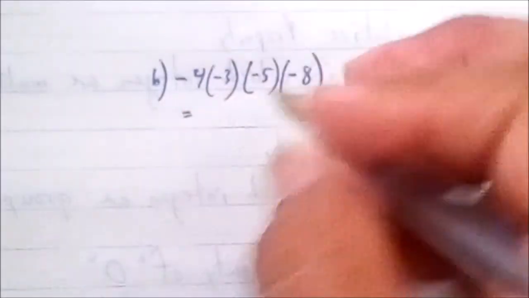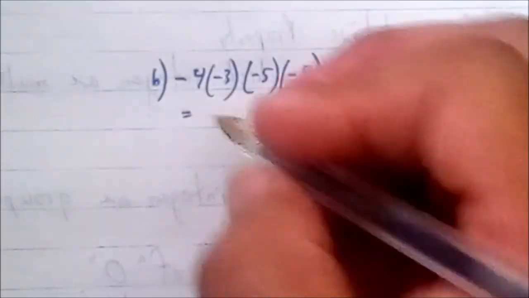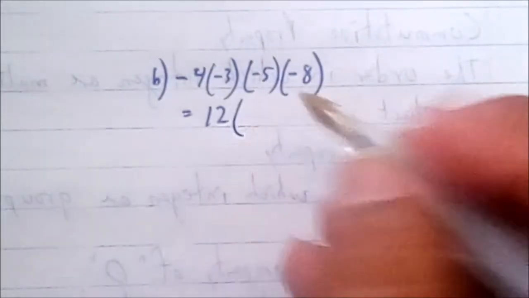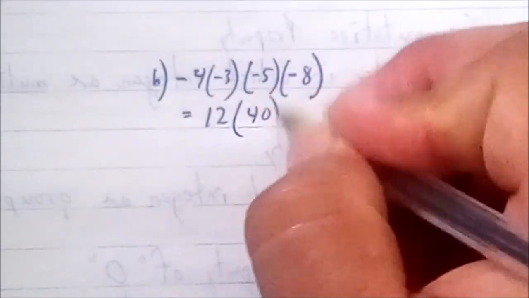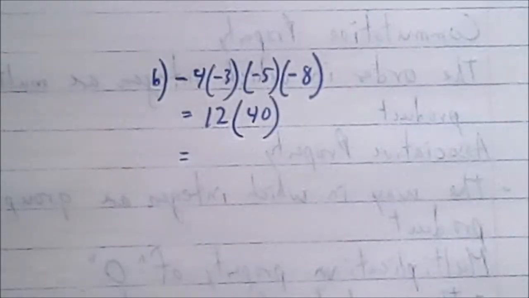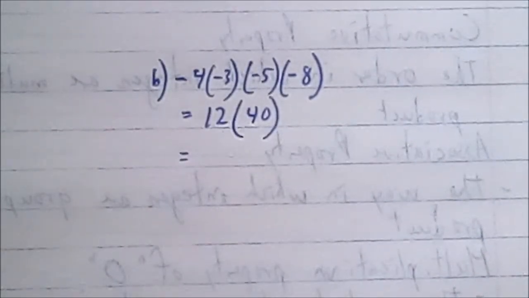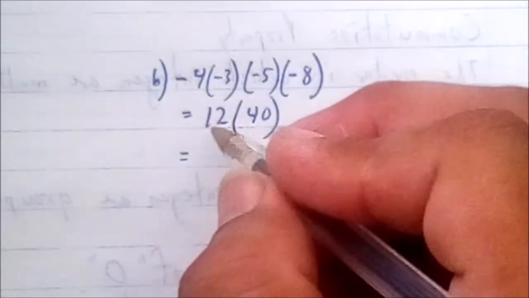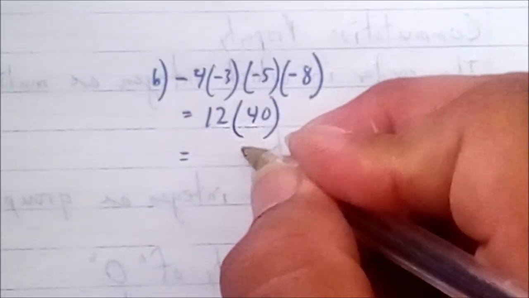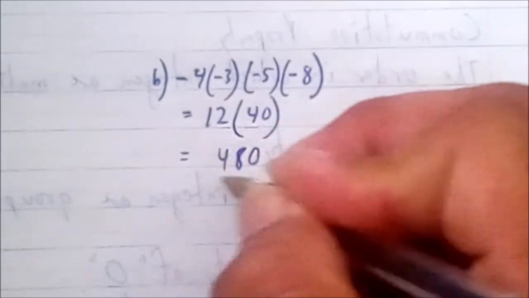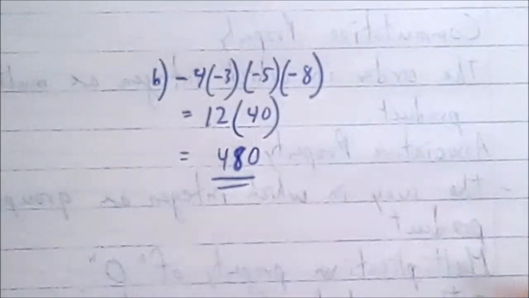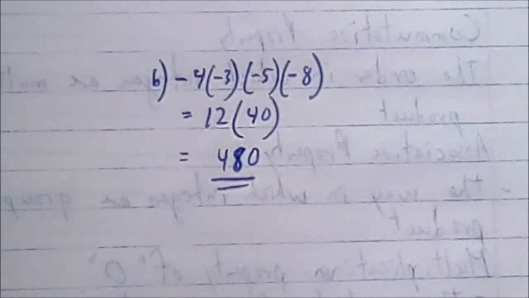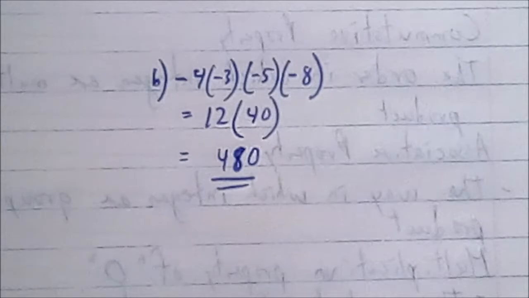So here again, negative 4 times negative 3 gives me positive 12. Negative 5 times negative 8 gives me positive 40. So now we actually have the product of two positive values. 12 times 40 is going to give me 480. So the product is positive. The key part here is to try to get rid of the negative signs.